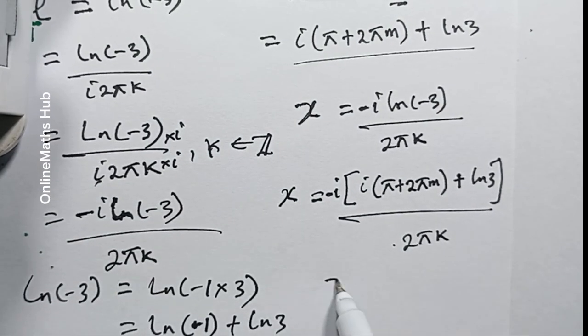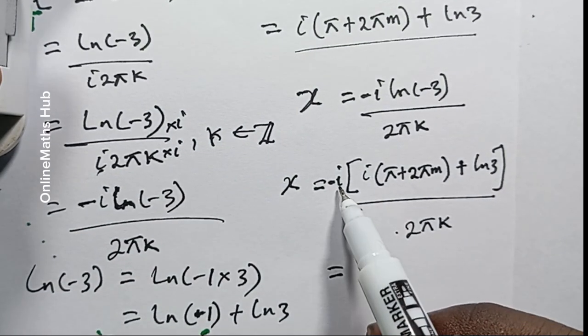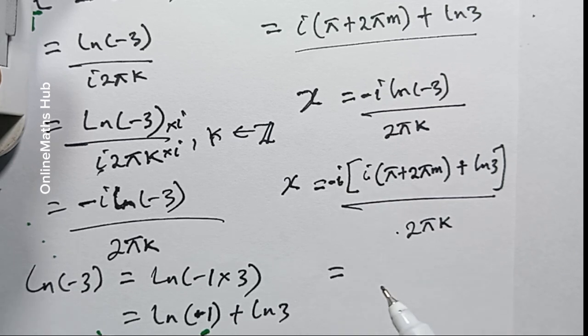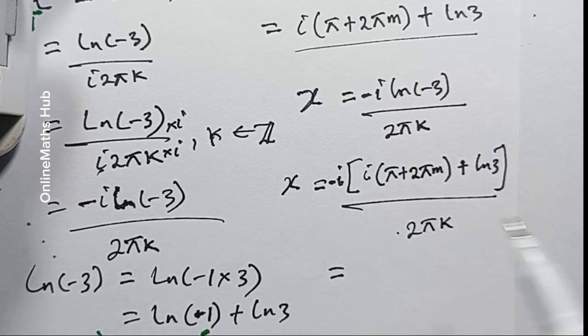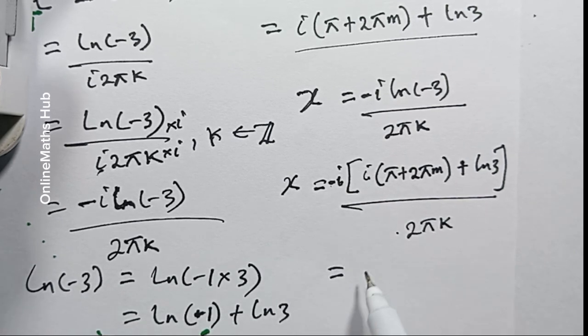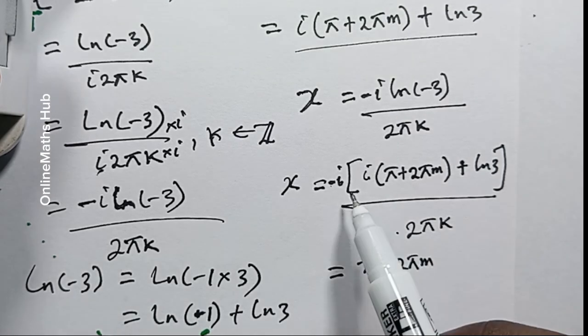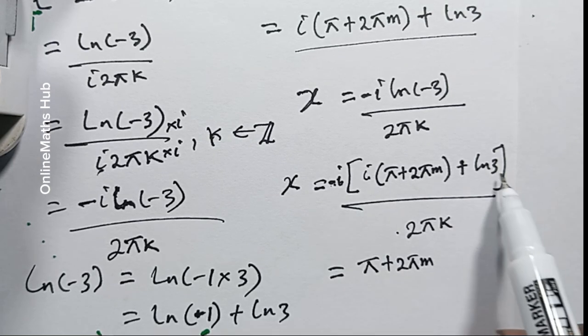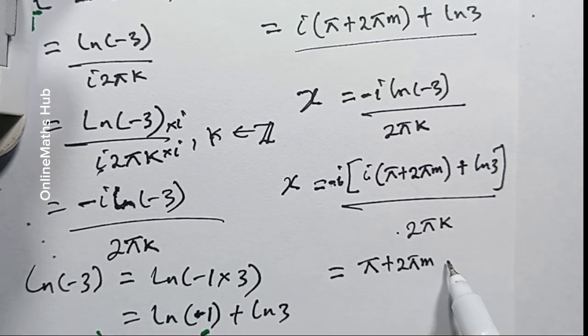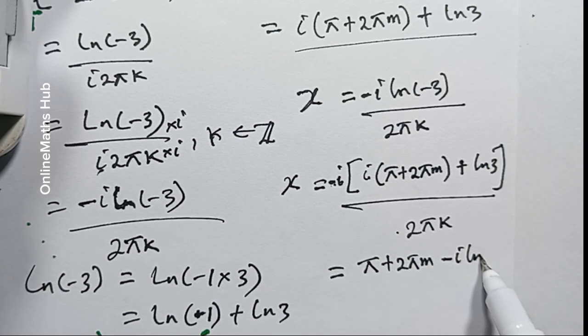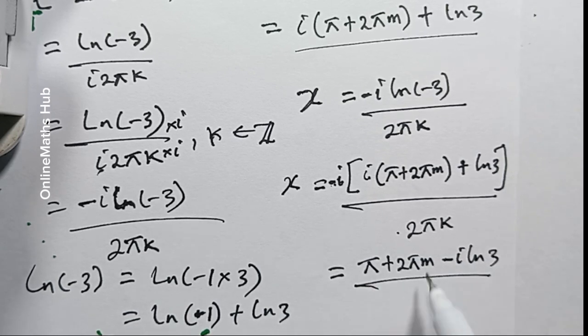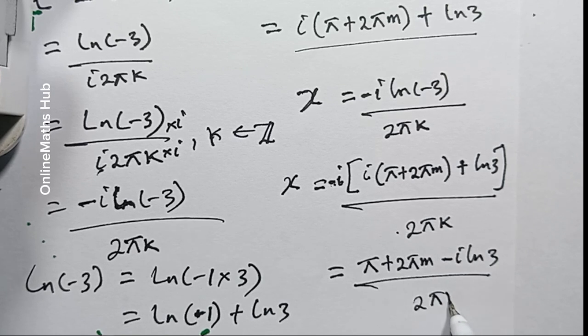Moving on, this i multiplied by this i will be equal to minus 1, and minus 1 times minus will be equal to plus. So what I have is pi plus 2 pi m, and then minus i multiplied by natural log of 3, giving minus i natural log of 3, then divided by 2 pi k.